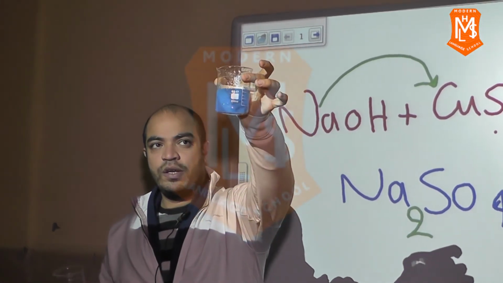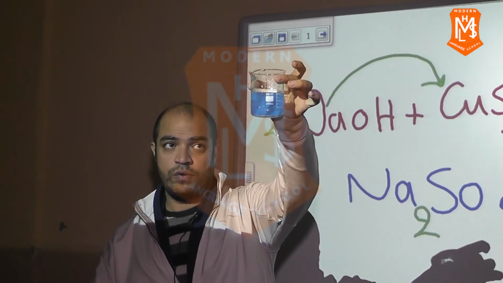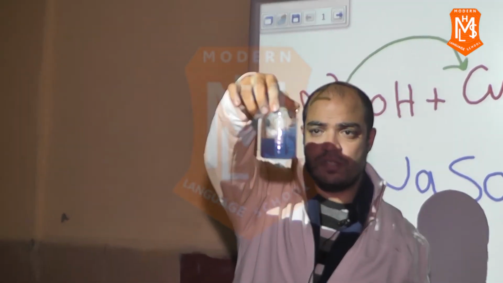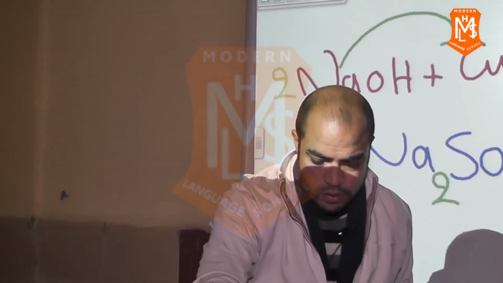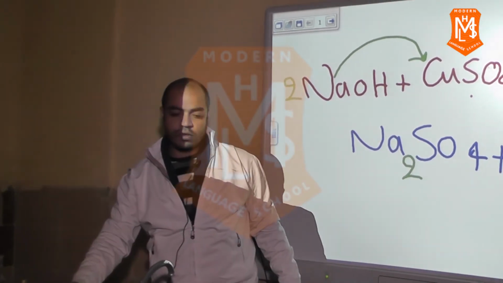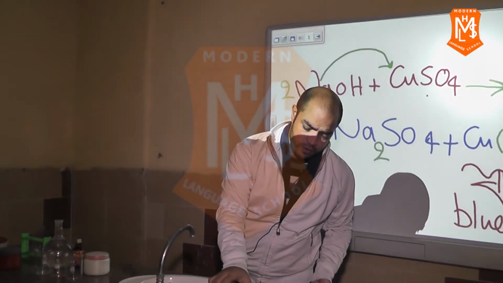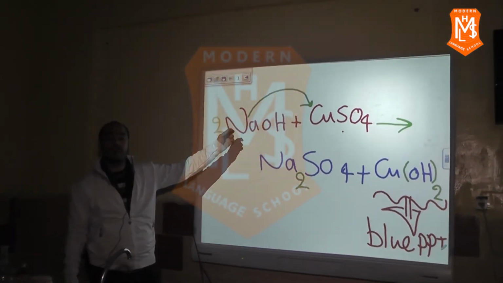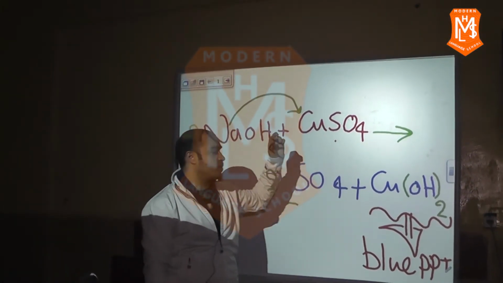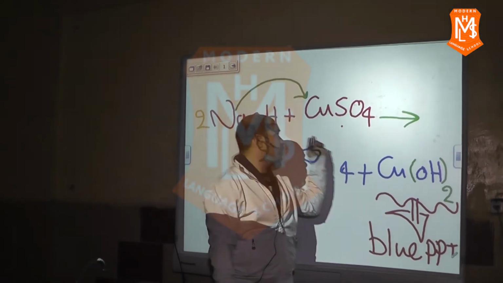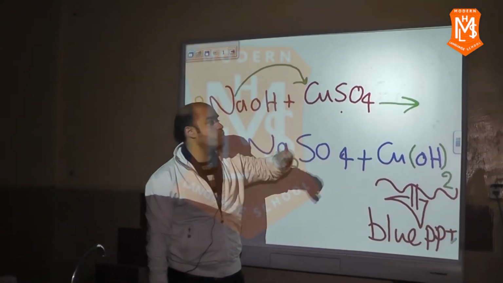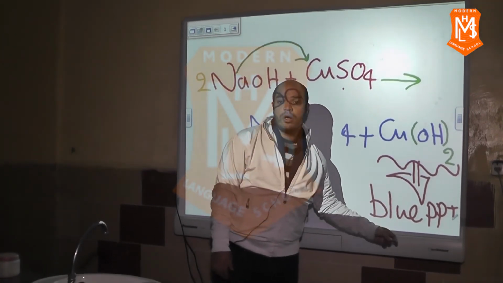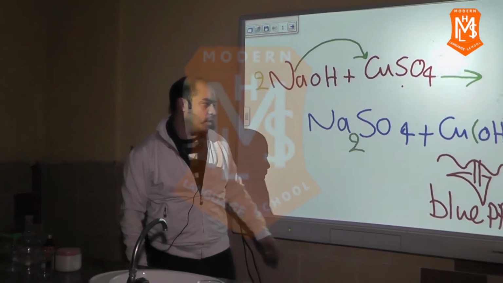As we show, a blue precipitate forms. So first, we can use sodium hydroxide, which is considered a strong alkali, to detect some basic radicals such as copper. On adding sodium hydroxide to salts which contain copper cation, we will observe precipitation of copper dihydroxide.